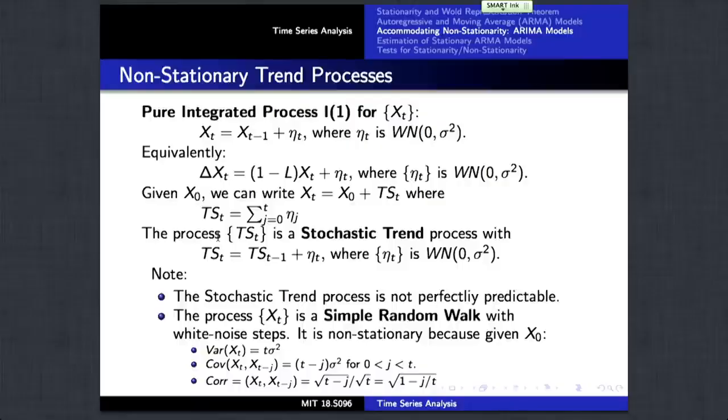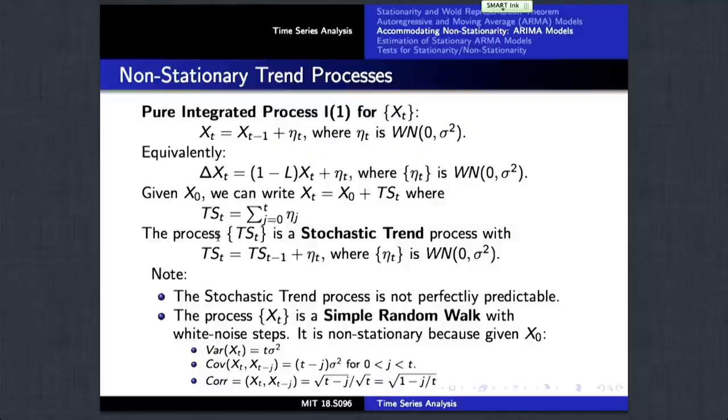And so the stochastic trend process is basically given by the first difference x_t is just equal to a_t. And so we have essentially this random walk from a given starting point.